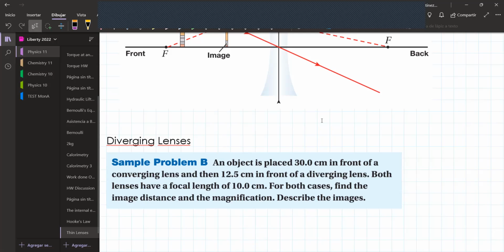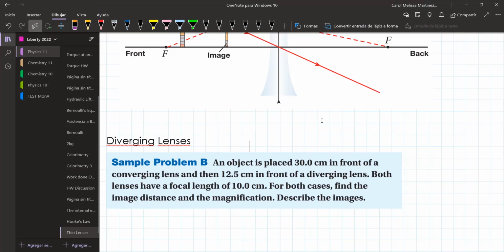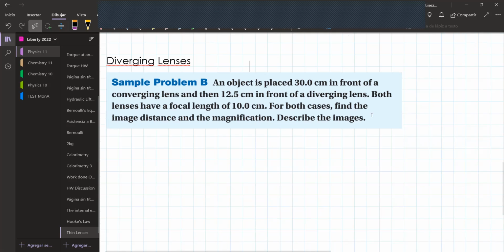It says an object is placed 30 centimeters in front of a converging lens. That one I don't care about because we're not there yet. And then 12.5 centimeters in front of a divergent lens. Both lenses have a focal length of 10 centimeters. For both cases, find the image distance and the magnification. Describe the images. And you know me, I'm going to ask you to do the ray diagram.